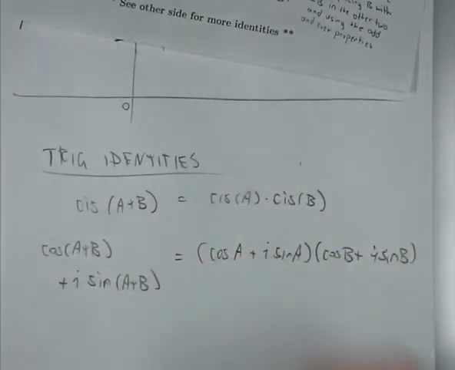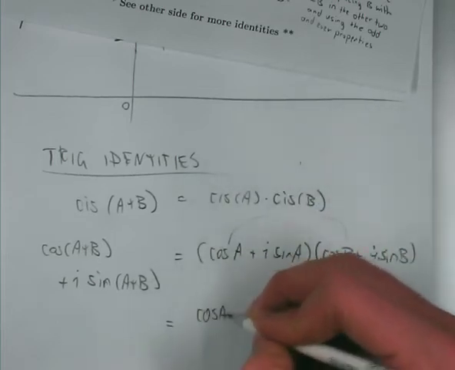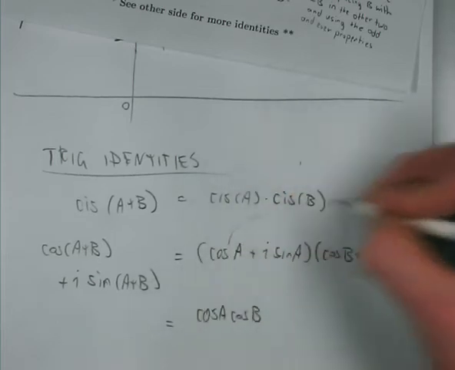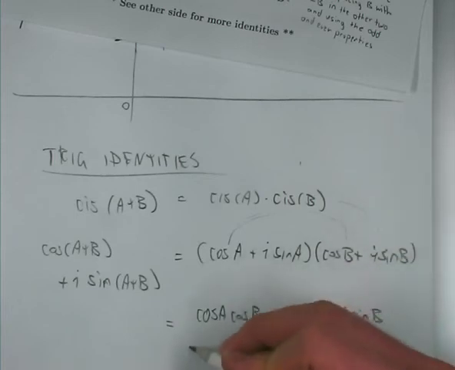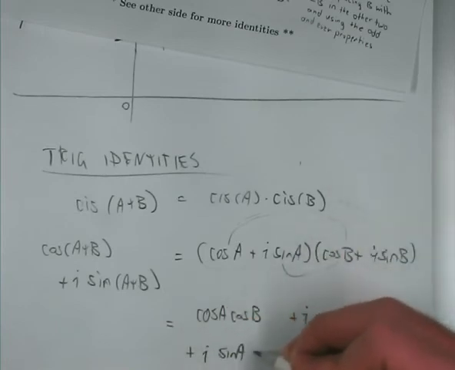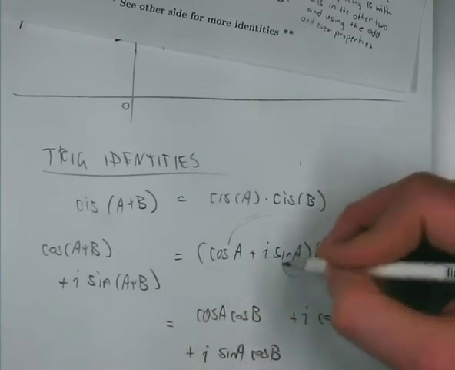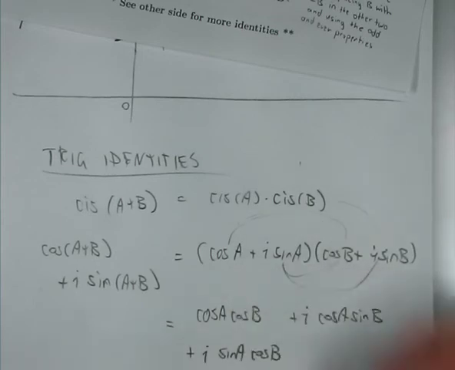And if you expand this out, you'll get cos A cos B plus i cos A sine B plus i sine A cos B plus i squared times sine A sine B, and i squared is minus 1.